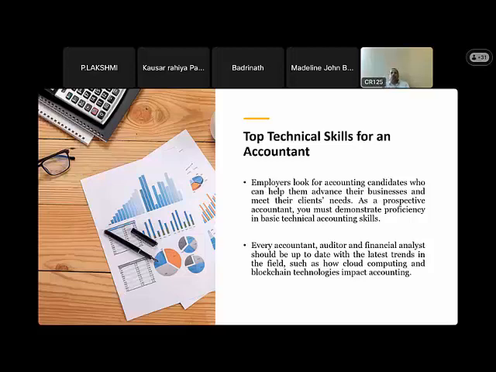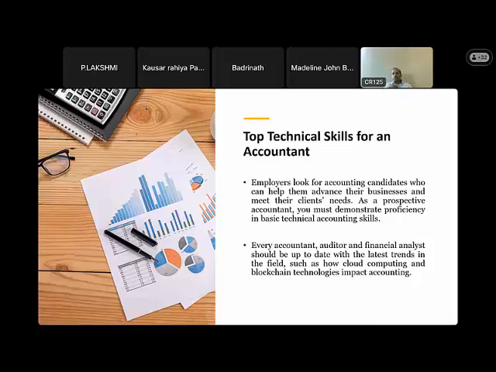But try to understand that your role is much larger than just providing information. We have added things like analyzing, interpreting, and decision making to the accountant's role.